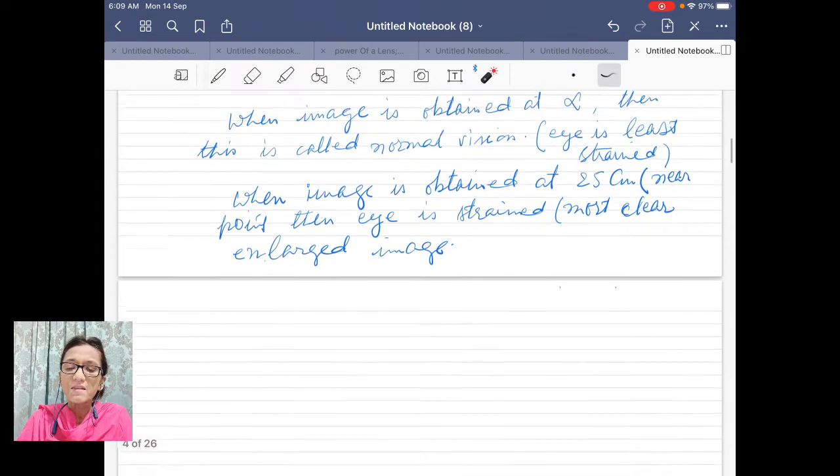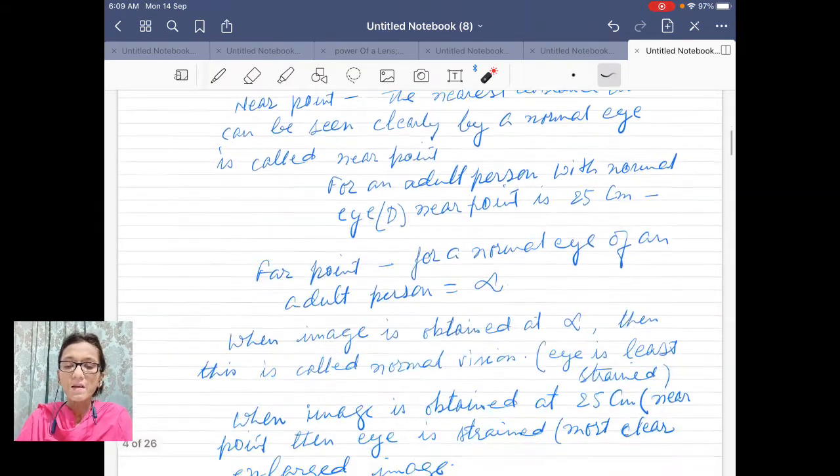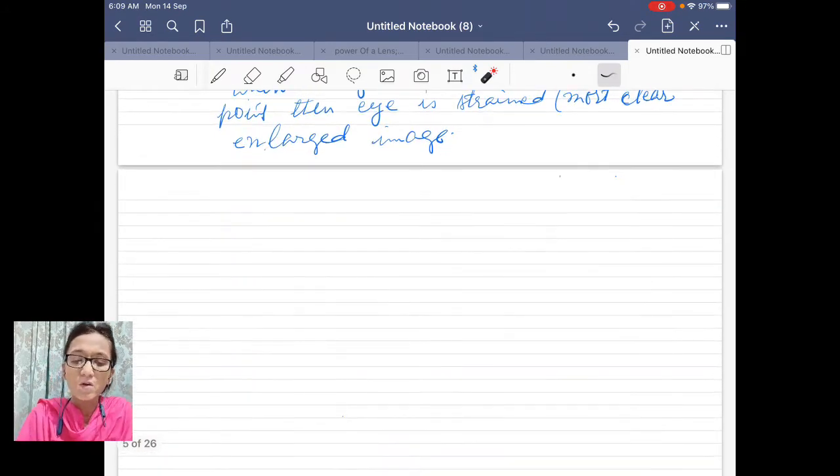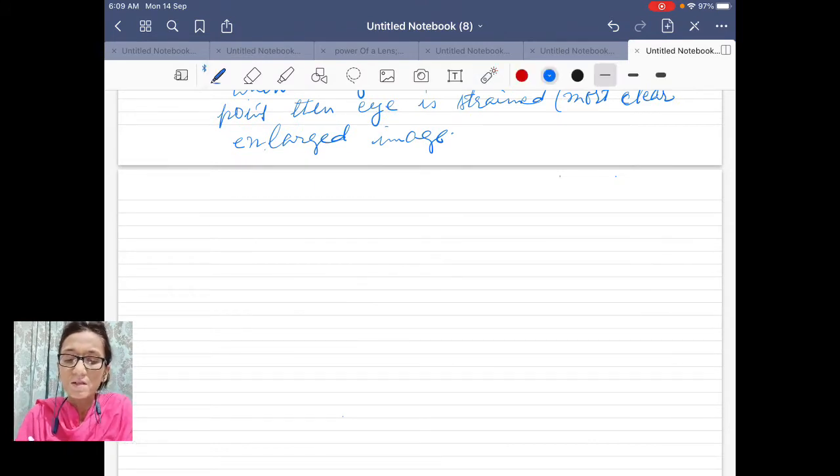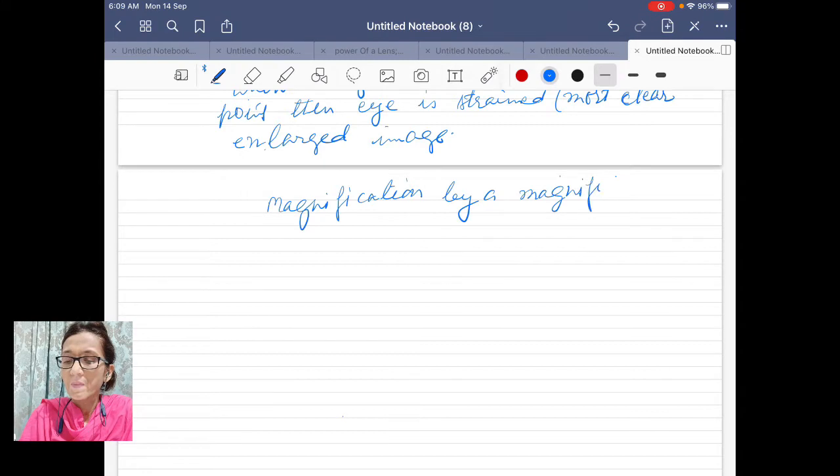Now we will discuss magnification through this simple microscope or magnifying glass, and this magnification is linear magnification. Magnification by a magnifying glass or a simple microscope.